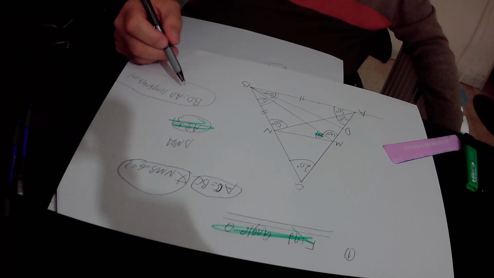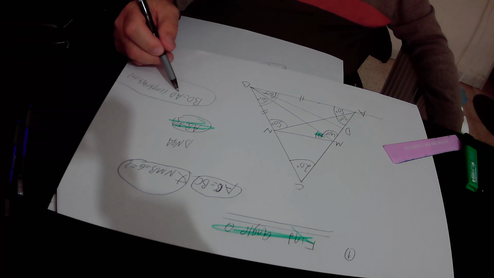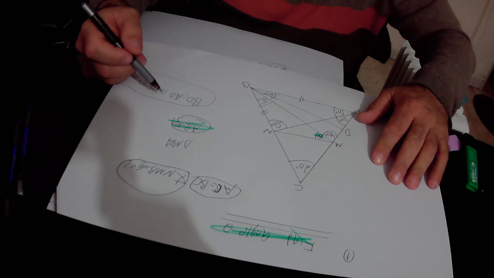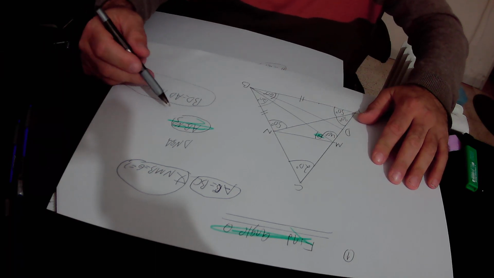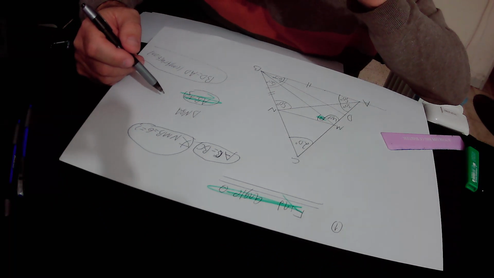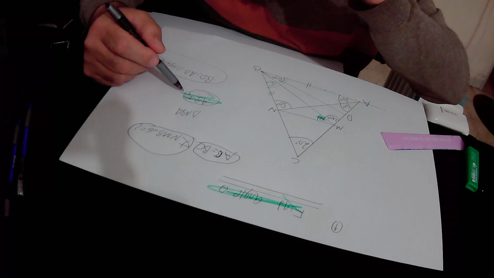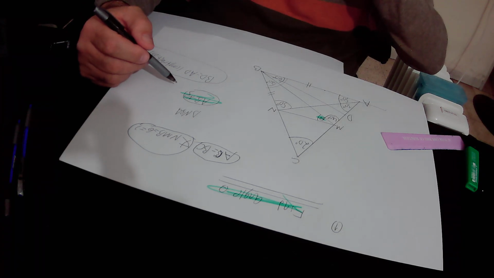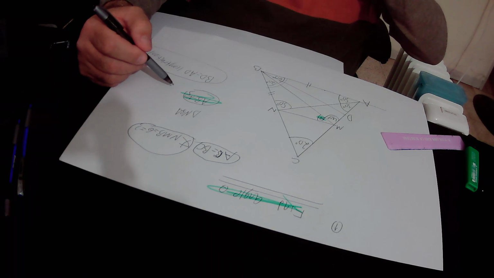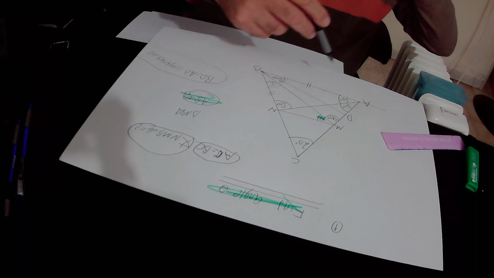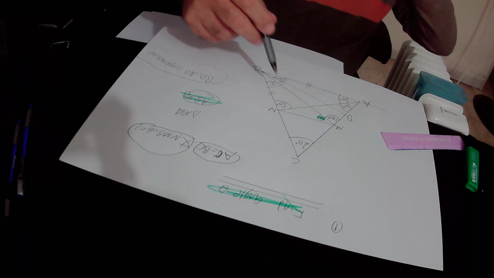So we know that BD equals AB, and AB equals NB.